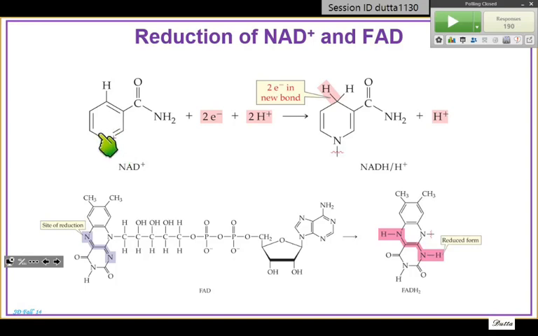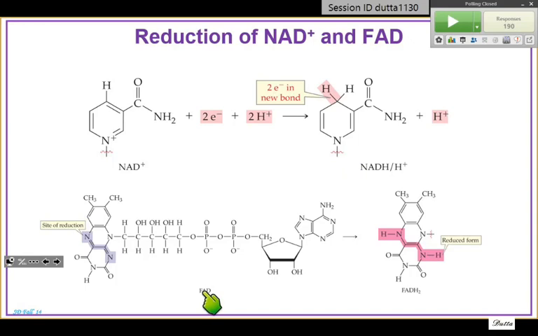If I remove the bond, then I can add 1 hydrogen here. And adding a bond means 2 electrons. So these 2 electrons are being added to this molecule, and another H plus is also being added as a proton. So this also can be written like NADH plus H plus. Many ways the molecules can be written depending on what form, at what pH they are.